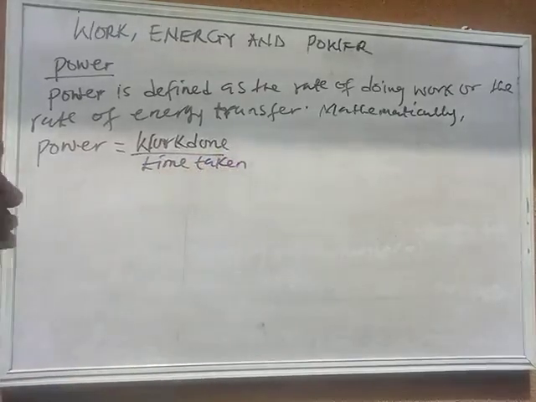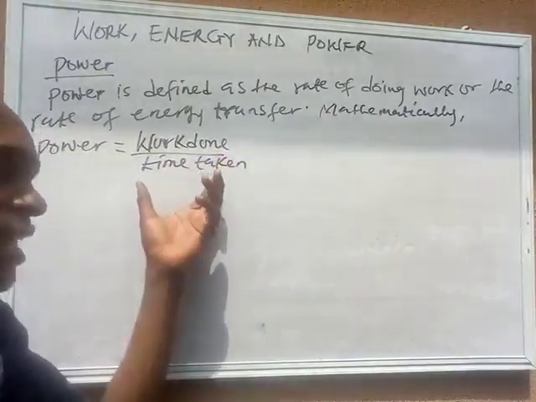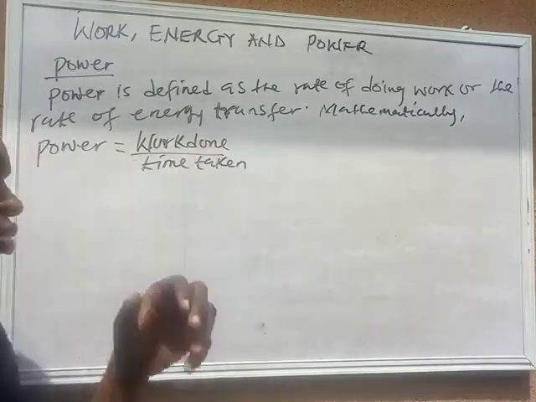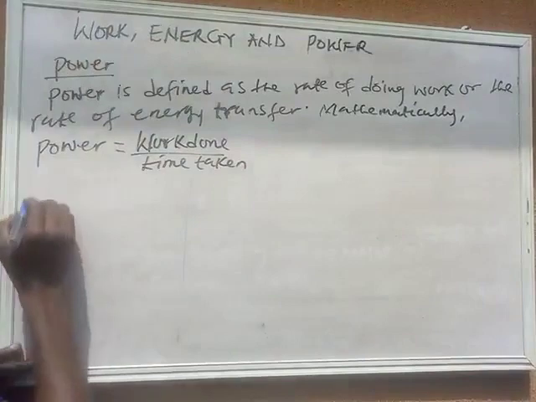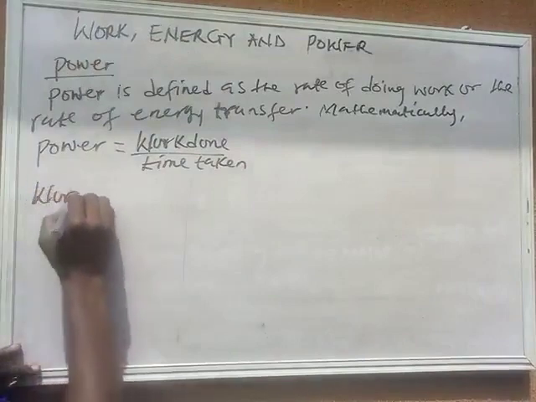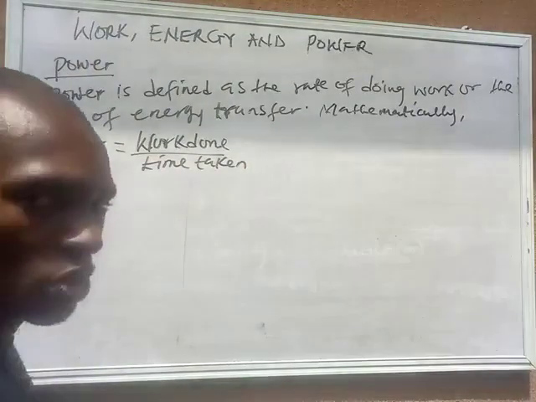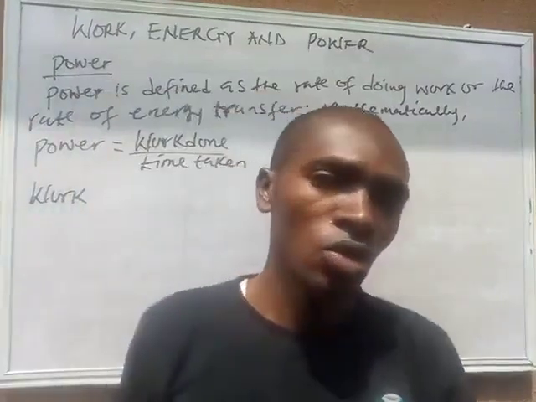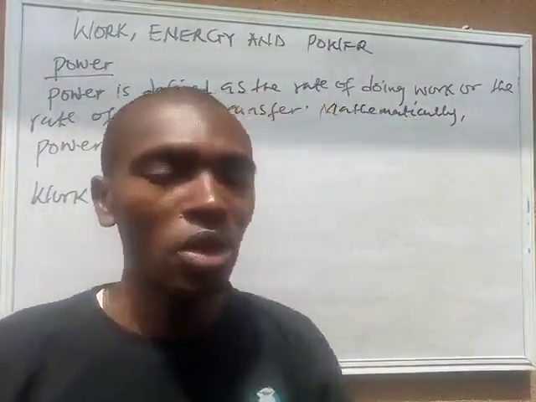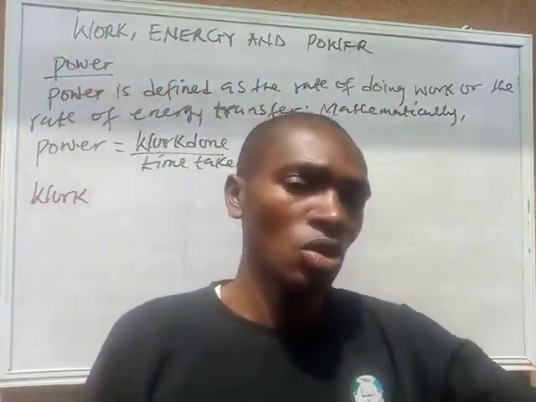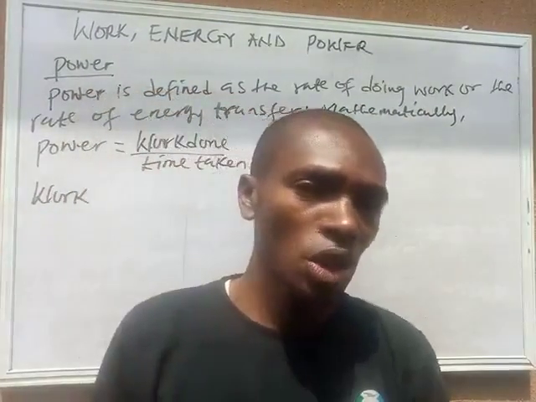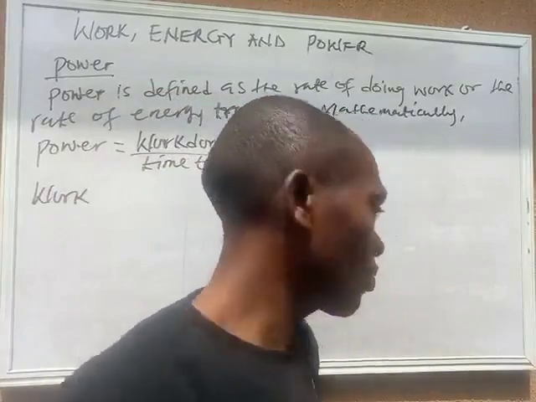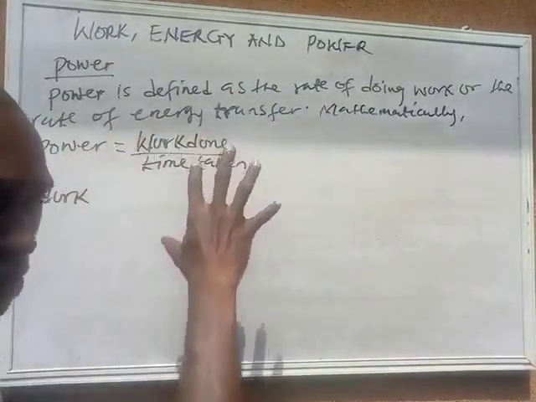So the work done over the time taken to do the work. Now, there are times that you'll be given a question and they will not give you the work done outrightly. They might just give you some parameters that will help you to calculate the work done. So we have different ways of expressing this.